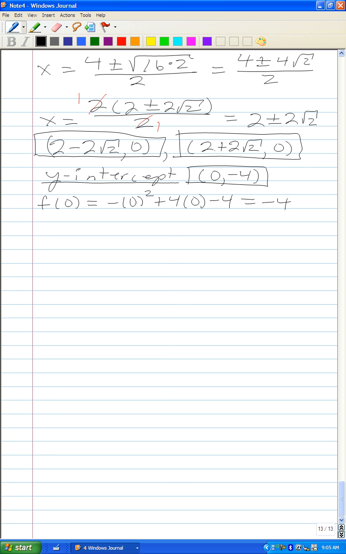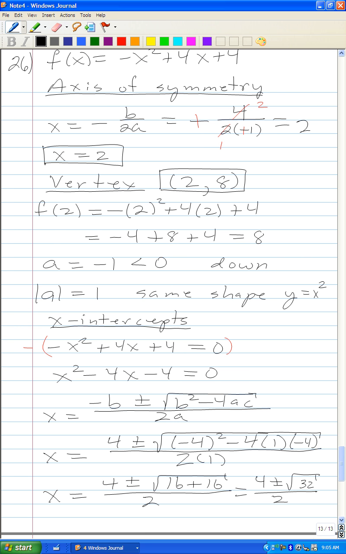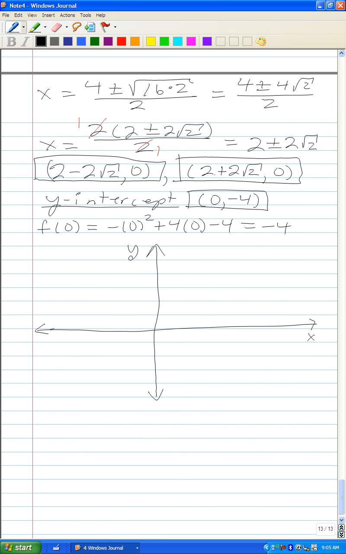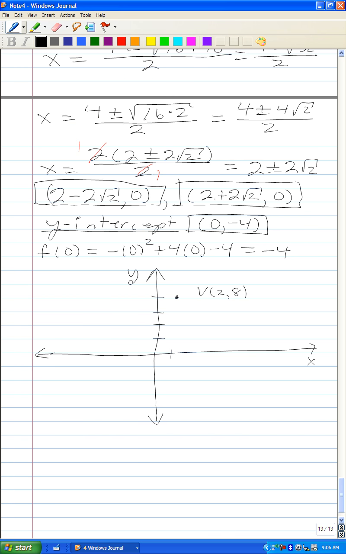And so let's sketch the graph of this. So the vertex is at 2, 8. Well, maybe 2, 4, 6, 8. Okay, it's at 2, 8. So I'm going in groups of 2s.